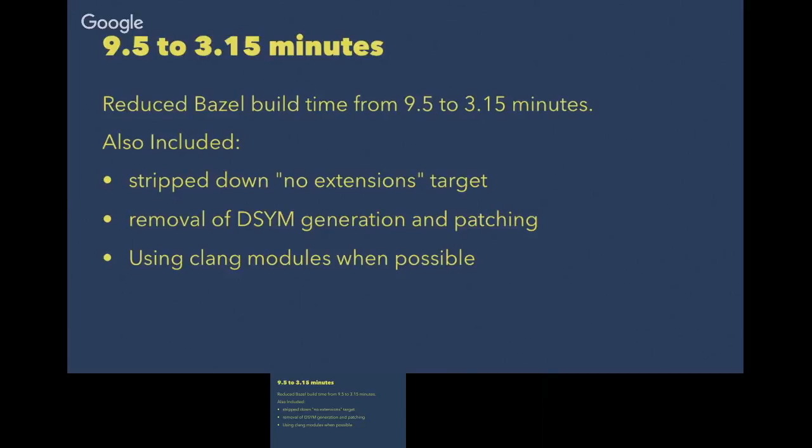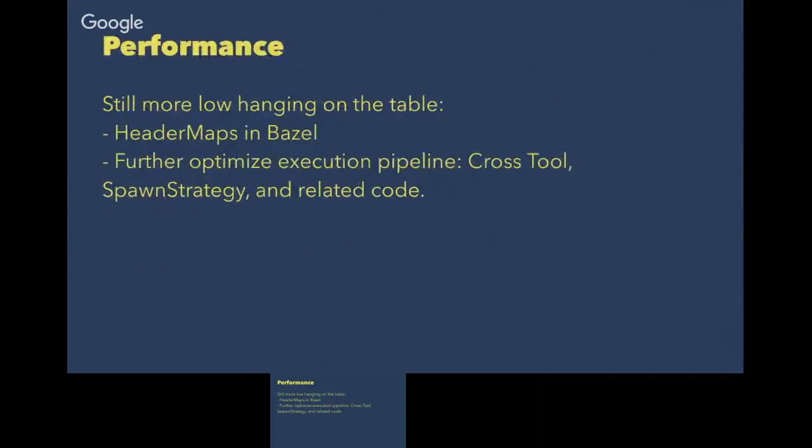We're at like 6,000 actions, and we're down to 3,000 actions by doing this. Then there was removal of the DSYM generation and patching. Originally we were using DSYM to do debugging, but we're now remapping debug paths in Clang and using Clang modules. That's another non-Bazel-y thing, but because of Bazel, we were able to use Clang modules pretty easily.